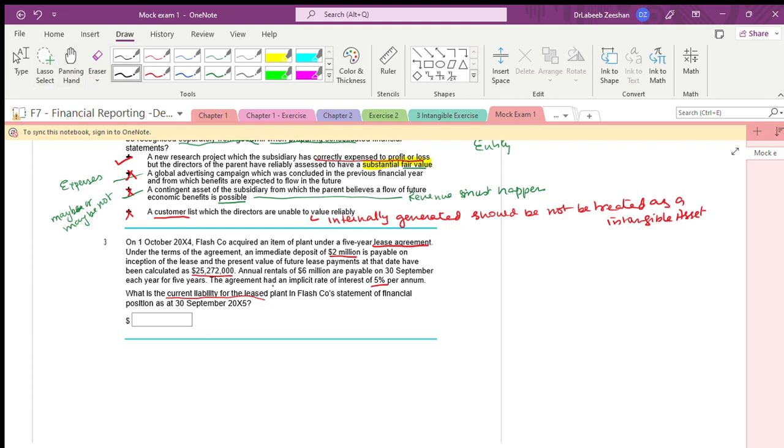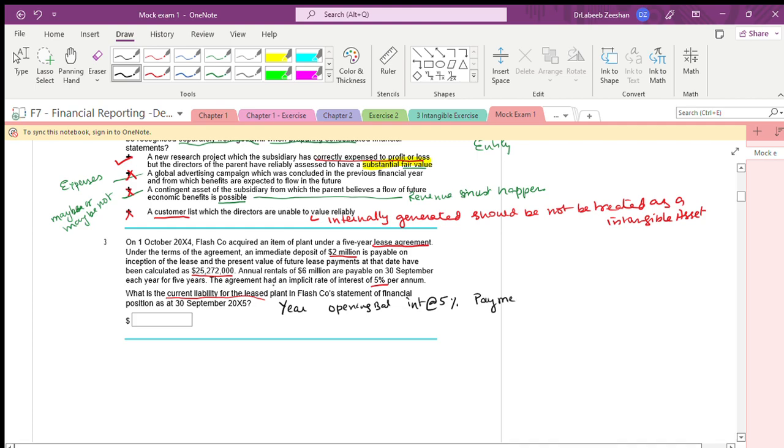First you have to write the year. Then you write the opening balance. Then you take interest at the rate of 5%. Then you take the payment. Then you take the closing balance.